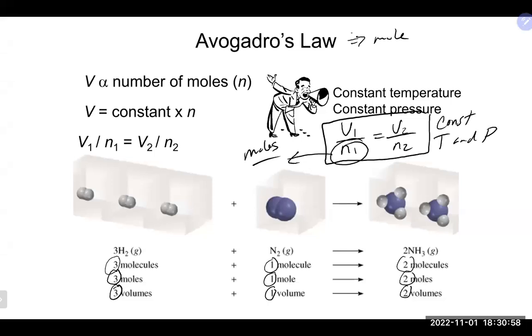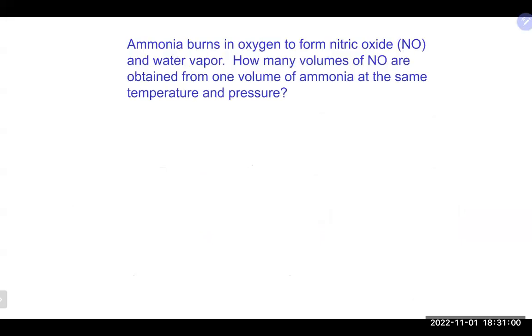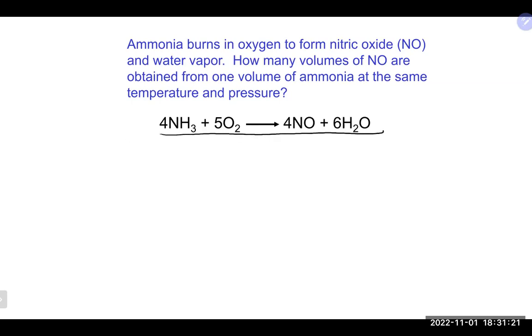And again, like I said, what that actually does is shortcut the need to use an actual ideal gas law in the stoichiometry problem that involves the gases. So for example, here, if we have ammonia burns in oxygen, how many volumes of NO are obtained from 1 volume of ammonia? From this equation, we could come up with a bunch of stoichiometry related to this.